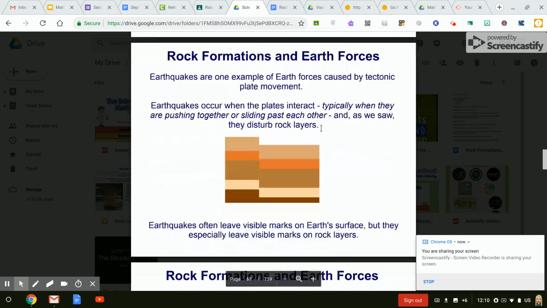And earthquakes are just one example of earth forces caused by tectonic plate movement. They occur when the plates interact, typically when they are pushing together or sliding past each other.